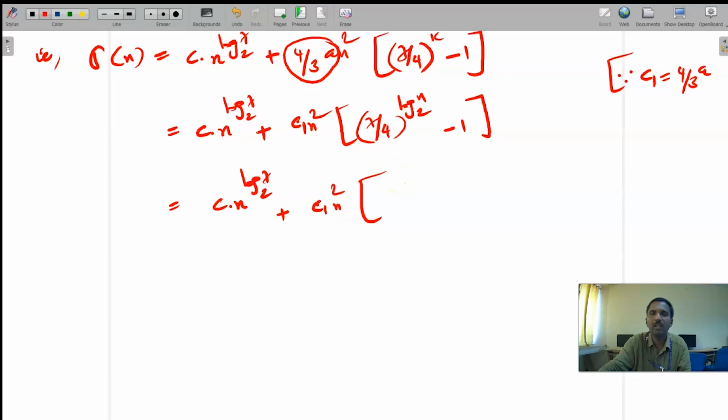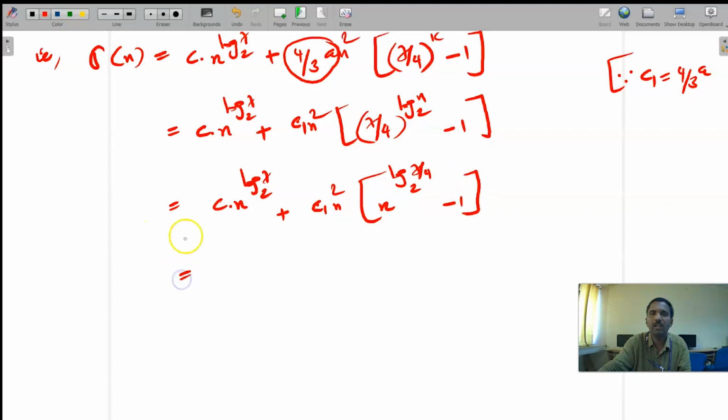We can interchange the terms n and 7 by 4 for further simplification. Right? So at this stage we have n power log 7 by 4 base 2, then minus 1.